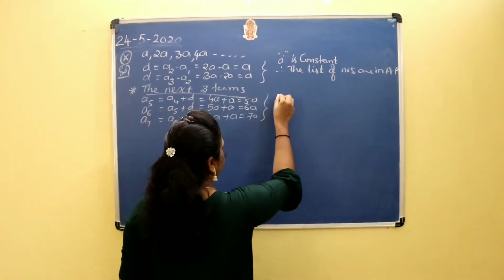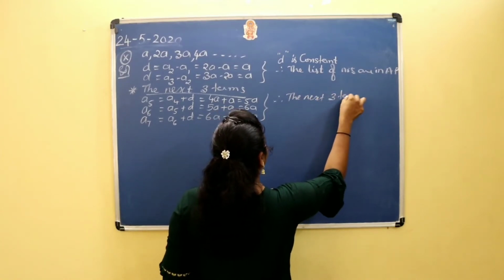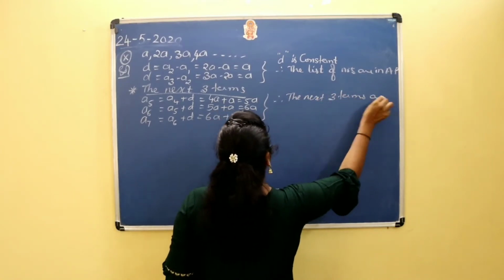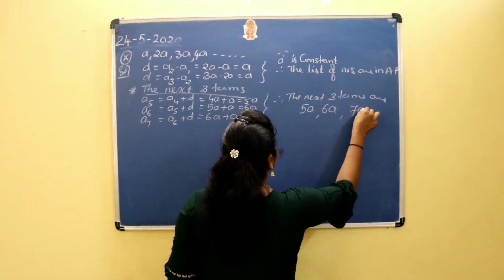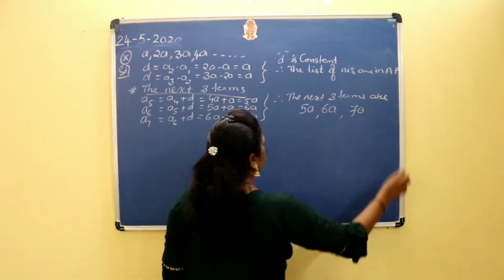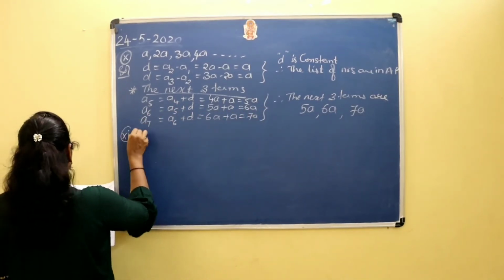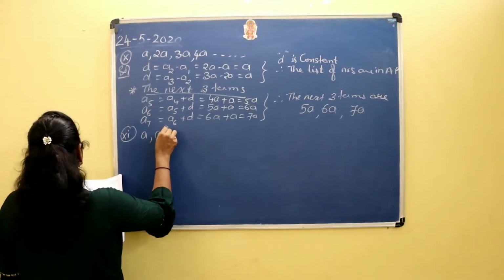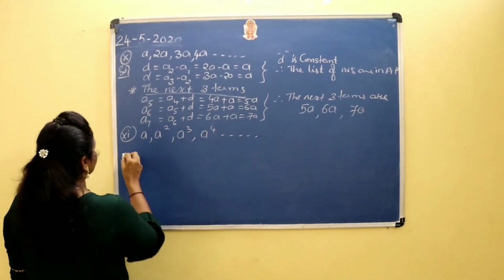Therefore, the next three terms are 5A, 6A and 7A.